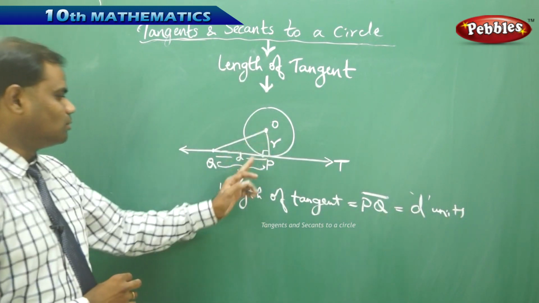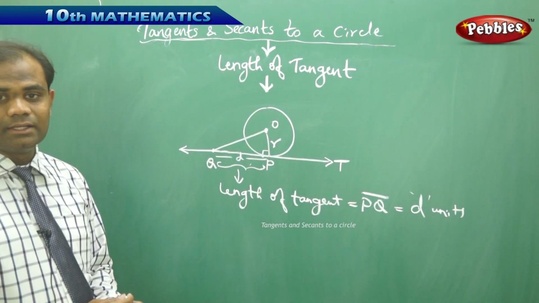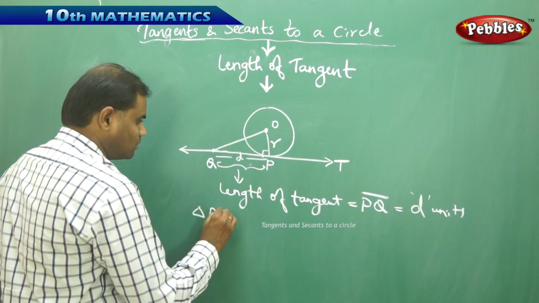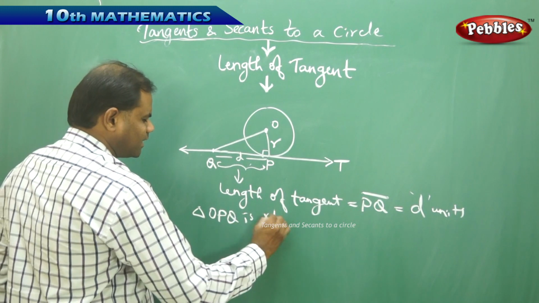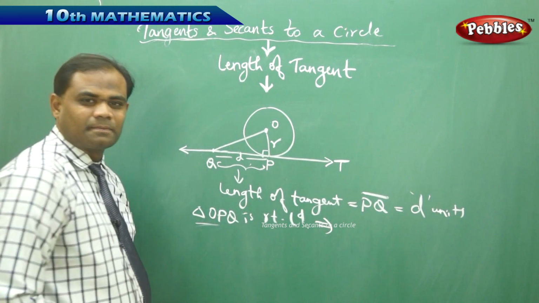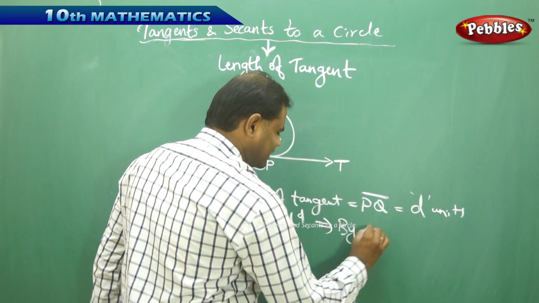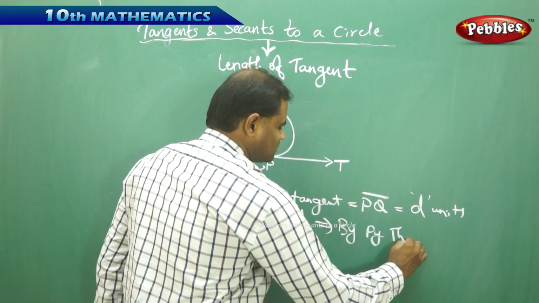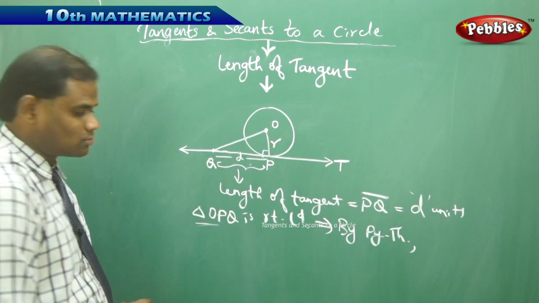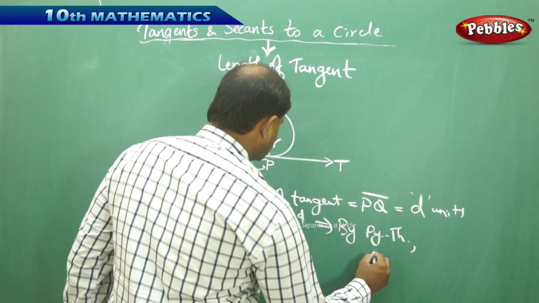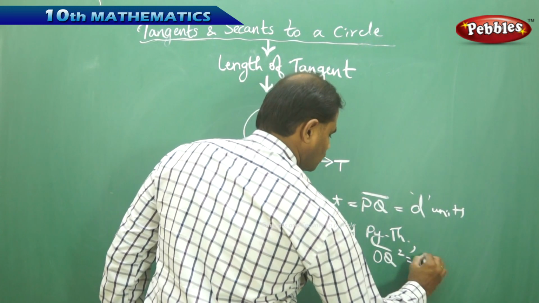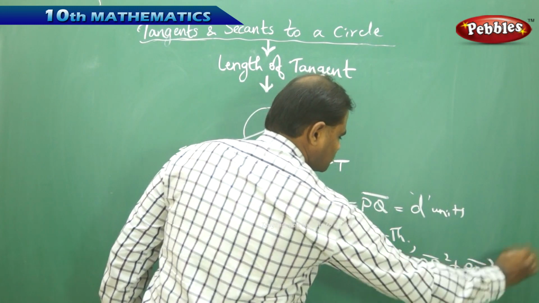Now, since OPQ is a right angle triangle, immediately the Pythagoras theorem comes into existence. Triangle OPQ is right angled. That implies, by Pythagoras theorem, OQ square equals OP square plus PQ square.